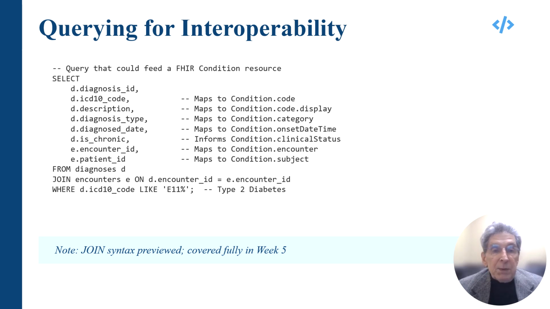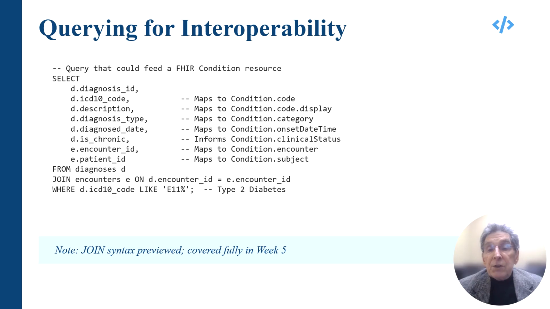So this is documentation as code. When someone reads this query, they know not just what data is retrieved, but what that data will become. When the application layer transforms this result into a FHIR resource, the mapping is already explicit. And the join connects diagnoses to encounters to get the patient ID.